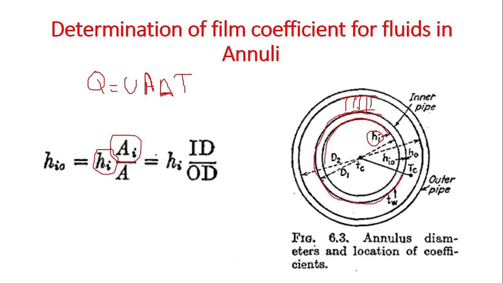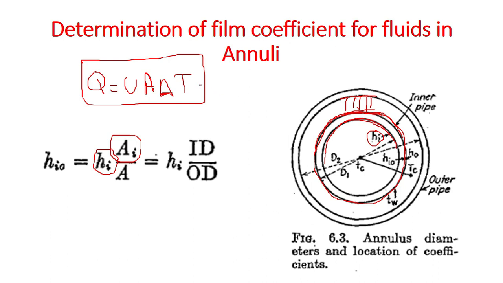I'm repeating once again, the area is the outer surface area of the inner pipe. So we have to determine the film coefficient based on this outer surface area rather than the inner surface area.